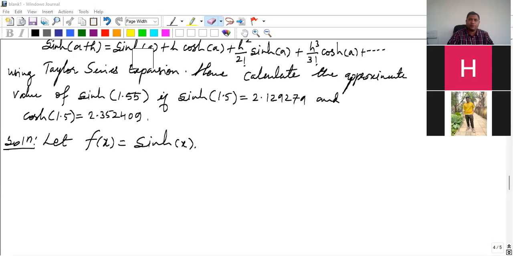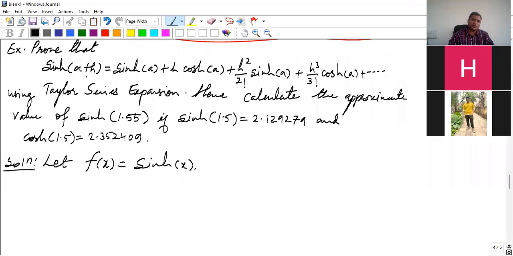Our problem. I hope you got the idea of hyperbolic functions, and you don't have any doubt now. We have f of x equal to sinh x, and you can see this expression that we want is in terms of a plus h. So easily we get the idea of what formula we have to use, that is f of a plus h.